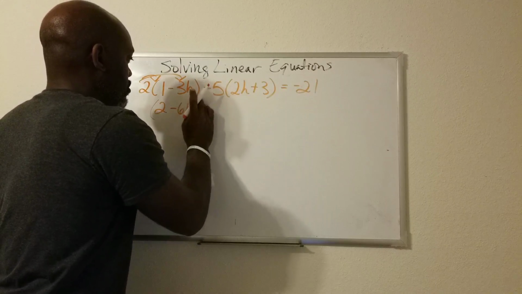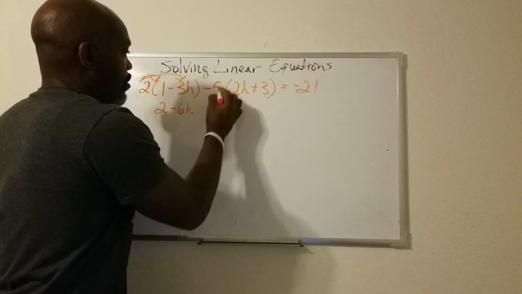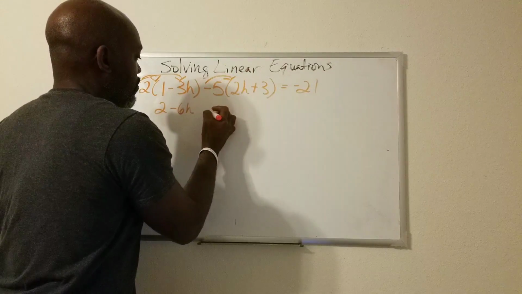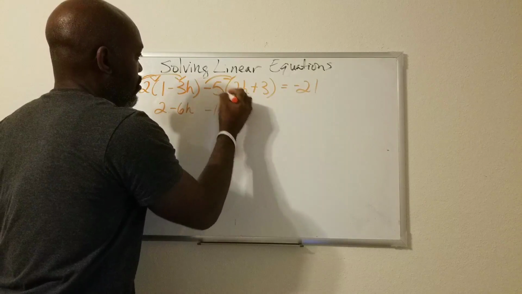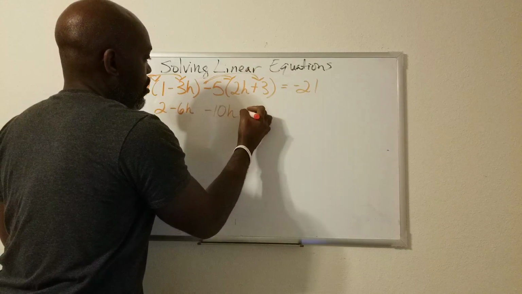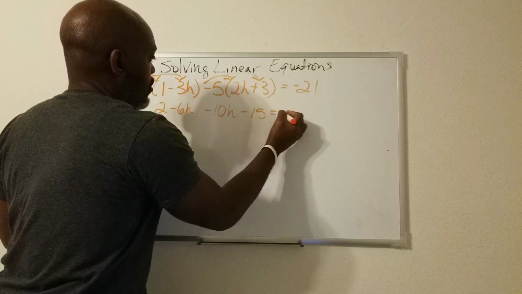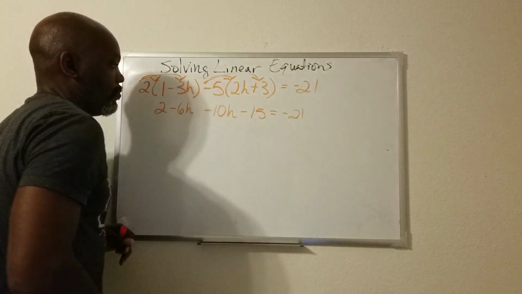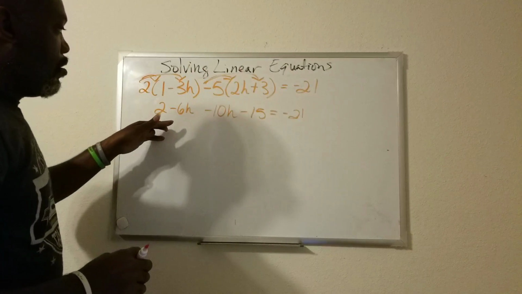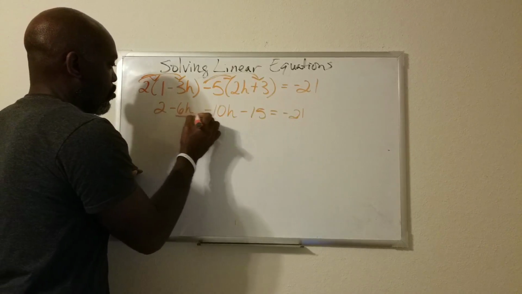Well, we can take the parentheses out because we just solved that. And then distribute to -5, that's negative 10h, -5 to 3, -15 equals -21. Then we're going to combine like terms.